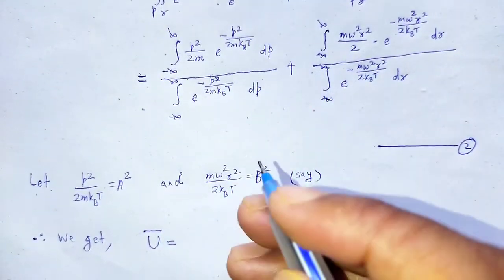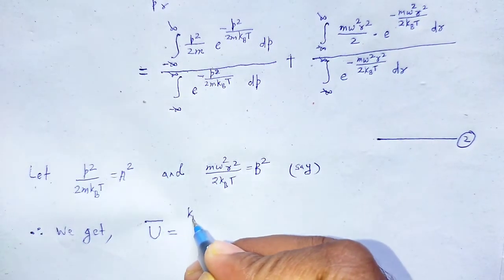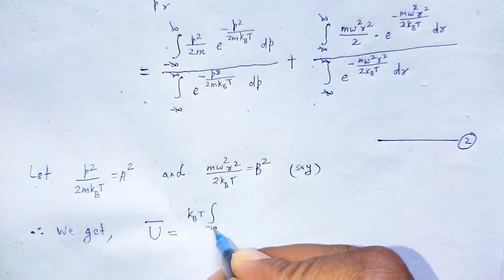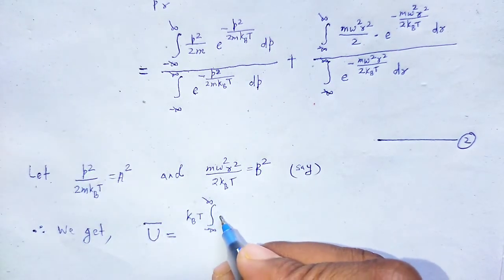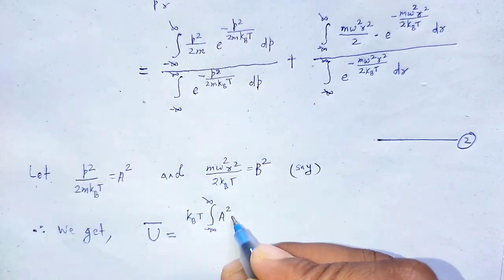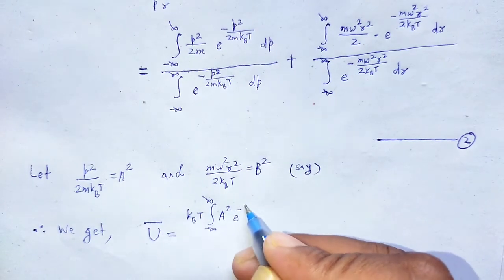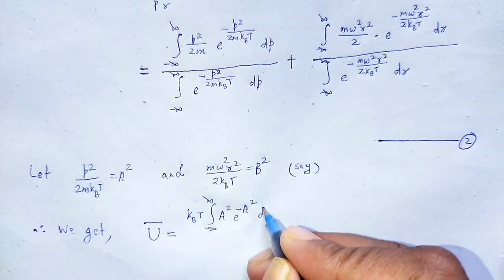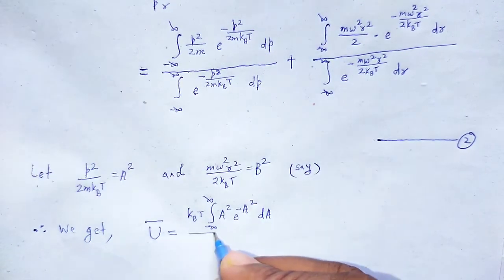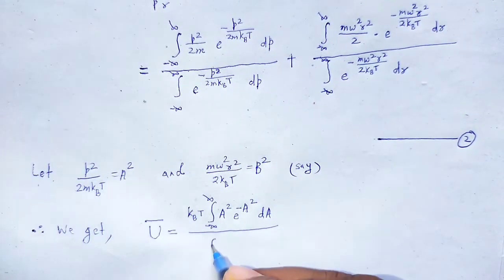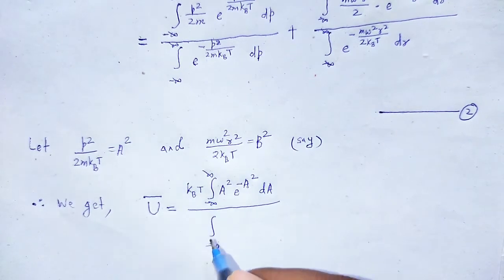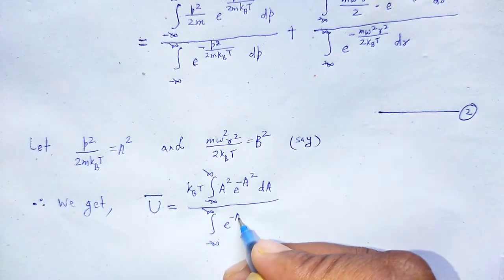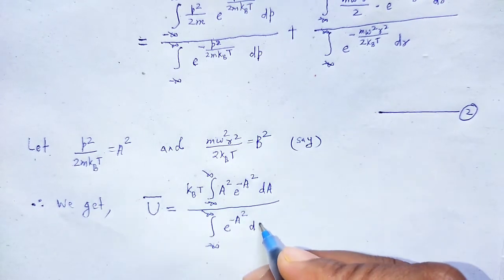That integral term is equal to kBT integration over minus infinity to plus infinity a square e to the power minus a square dA, whole divided by integration from minus infinity to plus infinity e to the power minus a square dA.